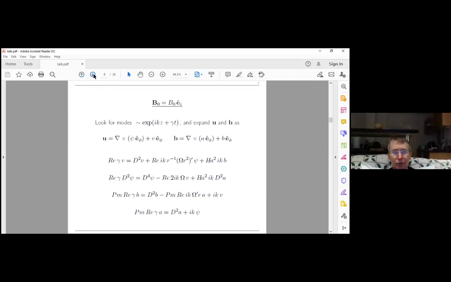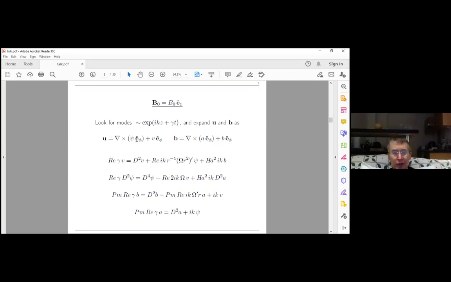We're going to do separation of variables, and we look for modes that have a periodic structure, e to the i k z, in the axial direction, and an exponential dependence in time. So we're looking for something that's exponentially growing ultimately. You notice also that I have no dependence on phi, so at the moment anyway, I am looking for axisymmetric solutions.